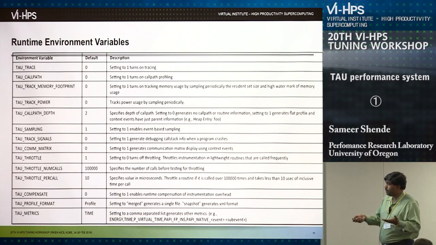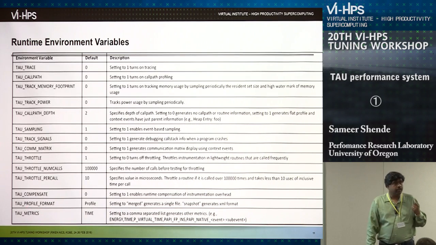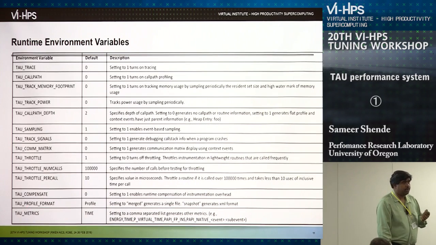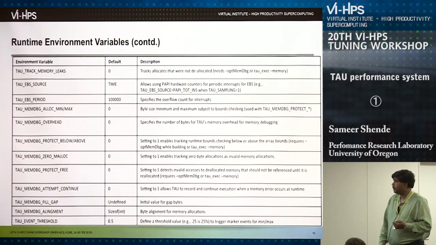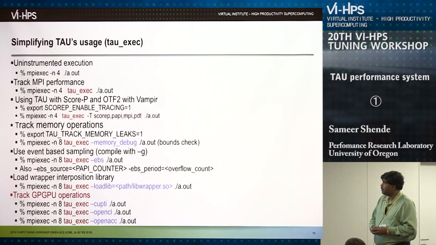If you are using PAPI, you can set the tau metrics environment variable to specify what is measured in a given performance experiment. Here are some memory-related environment variables.